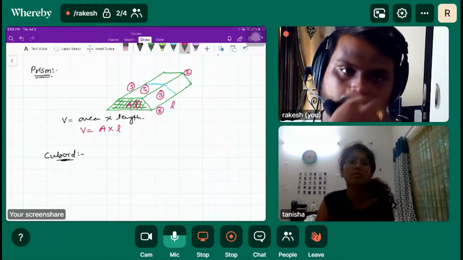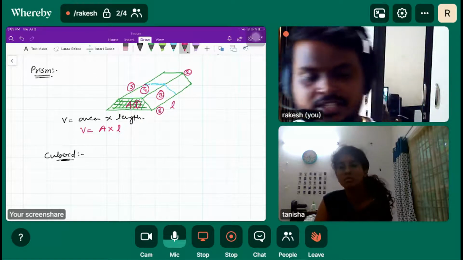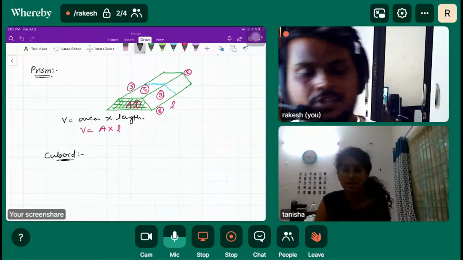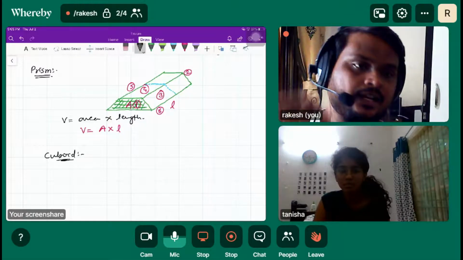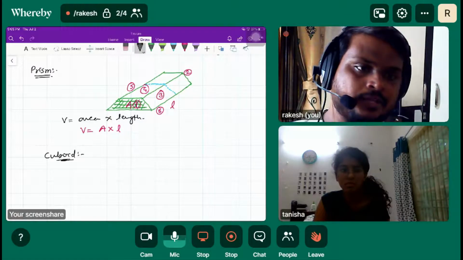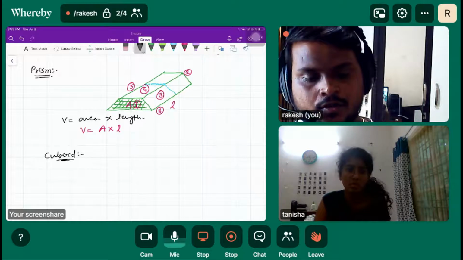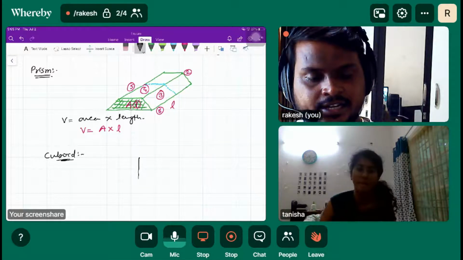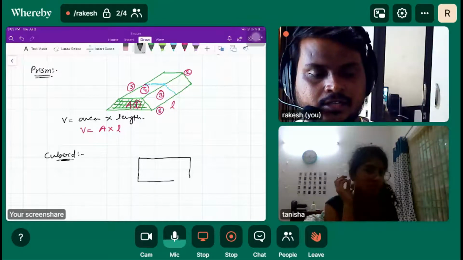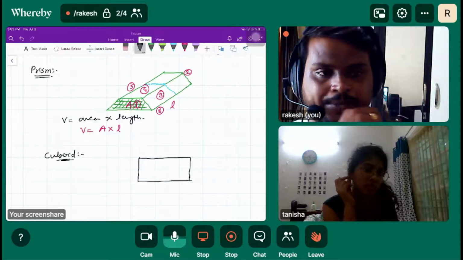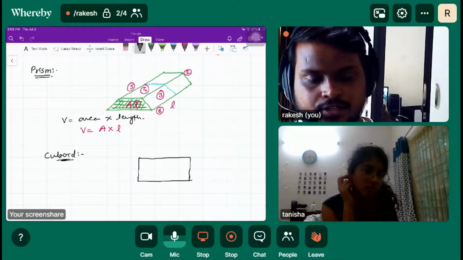So there are six faces here. Similarly, if all six faces are rectangles, then this becomes a cuboid.